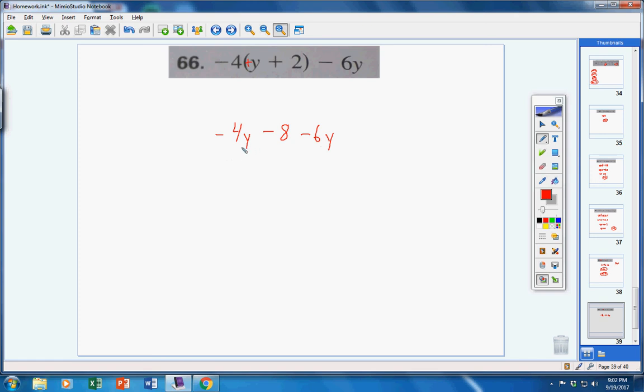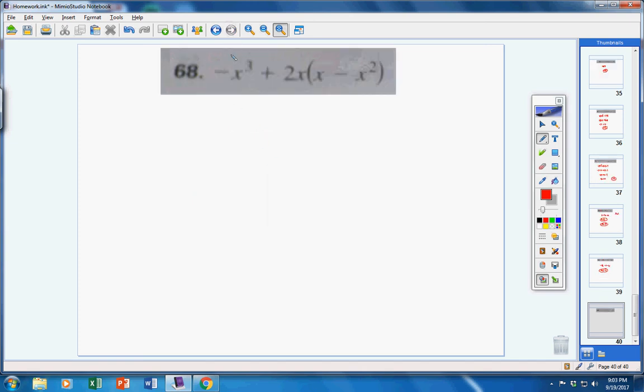Let's say I have a y term and a y term. So bring down your y. Negative 4, negative 6, you owe 4. You owe 6 more, that's negative 10y. And then bring down your unlike term. Negative 8. And that's your answer. Okay?